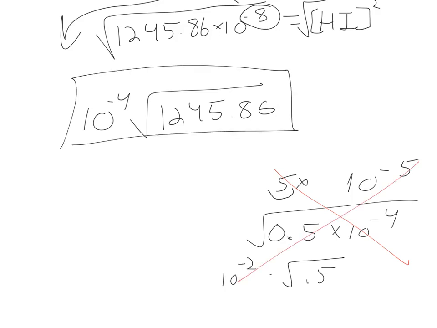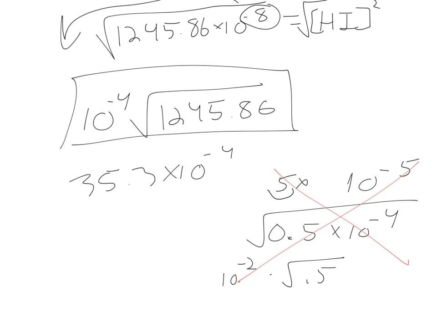We're still here. So 10 to the minus 4 times the square root of 1245.86. I'm going to do the 1245.86 in my calculator square root right now. And I get 35.29. I'm going to do 35.3. 35.3 times 10 to the minus 4, which is almost the end here.